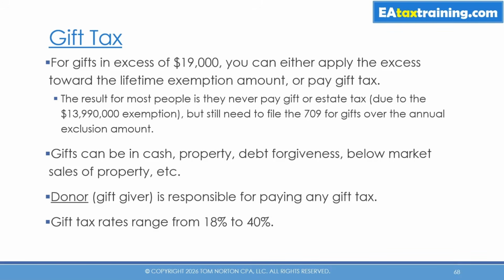Or let's say you have a house that's worth $300,000 and you sell it to your adult child for $100,000. You have just given them a $200,000 gift, has to be reported on the 709. And remember, those gift tax rates are from 18 to 40%. Don't have to worry about exactly where the breakdowns are, just know those percentages.